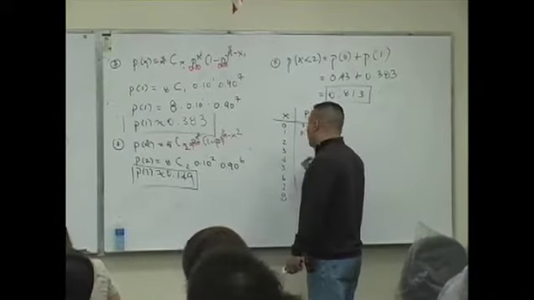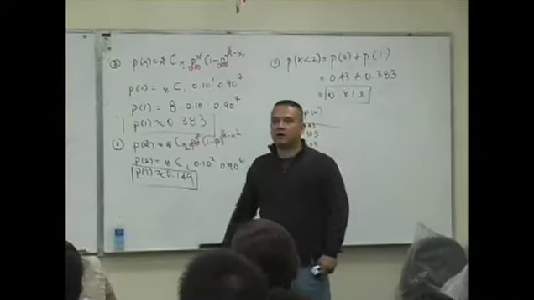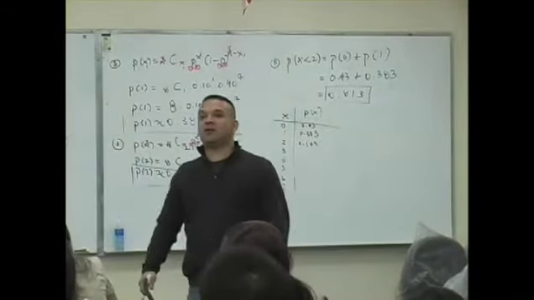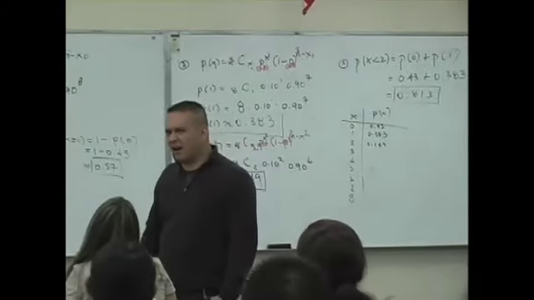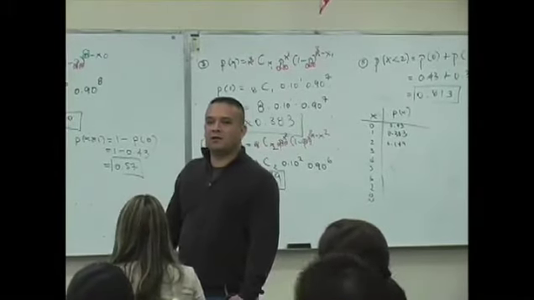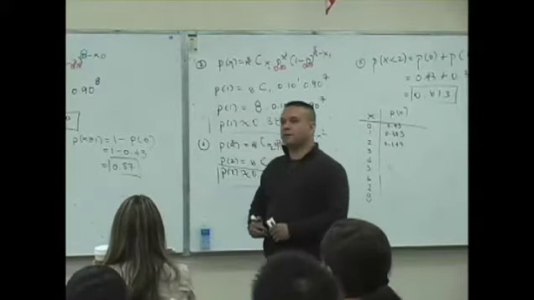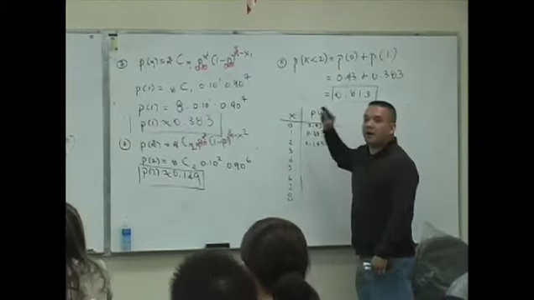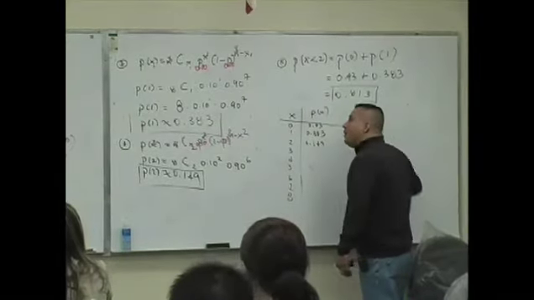P of 2, 0.149. And you're going to start sweating. And you're going to give me that look that students usually give me. That look of hate, the disgust look. Why are you going to give me that horrible look? Because you think you have to apply the binomial 8 times, multiply those values, and add all those values.